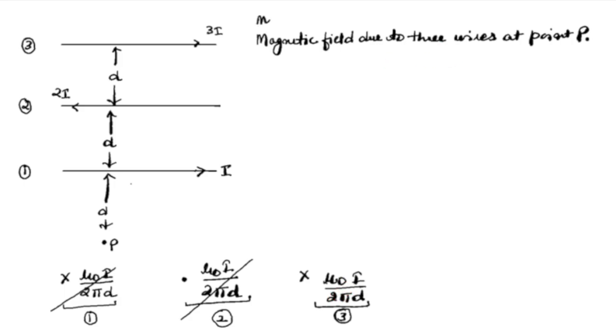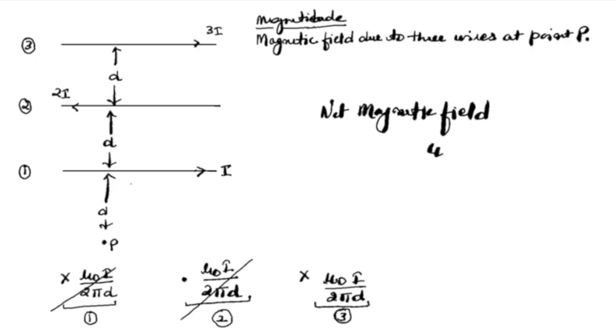If they ask for the direction also, we can tell that direction: it will be into the page at point P. But if they have not asked, like in this question, where they only ask about the magnitude, then the net magnetic field will be mu naught I divided by 2 pi d. So that will be our answer.